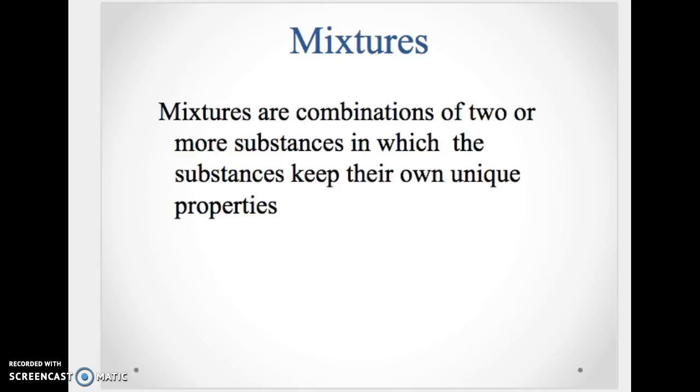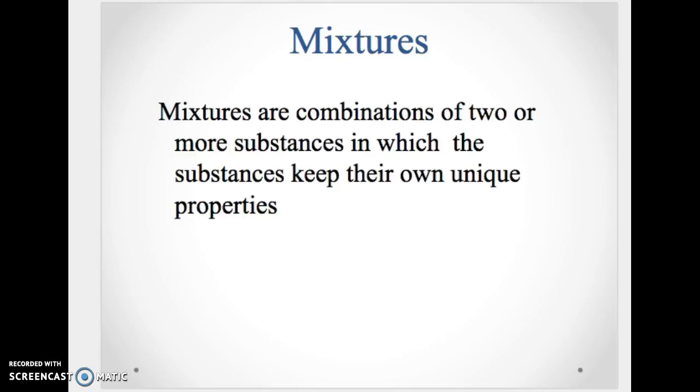If I pick out the tomato, it's still a tomato. That's how I know that a salad is a mixture, because that tomato or that substance is keeping its own unique property. It's still a tomato in that salad. So that's one example of keeping the definition of mixtures and compounds separate in your mind, okay?